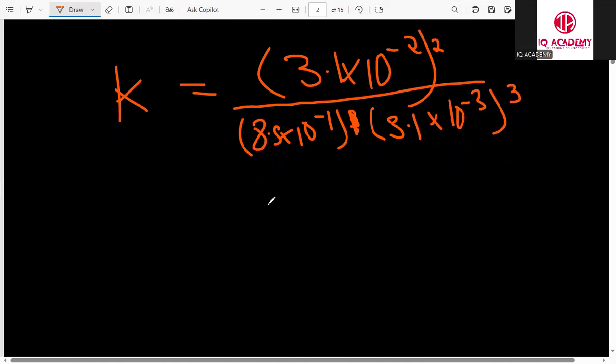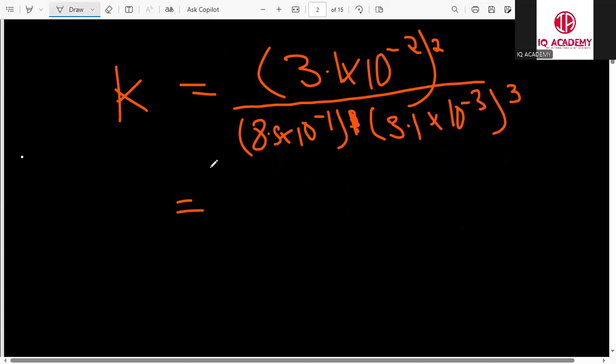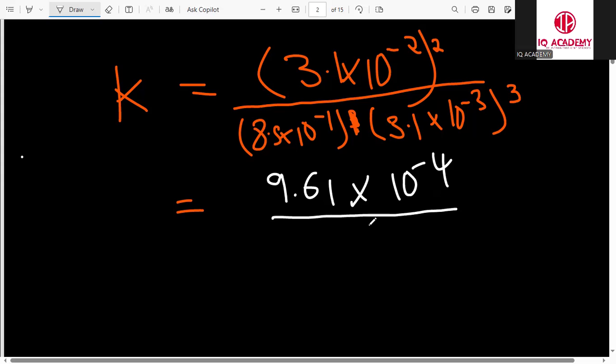So here it is just the issue of you getting your calculator and punching in these values. When you punch the value on top there, I'm getting on my calculator 9.61 multiplied by 10 to the power minus 4. And then I'm dividing all this by, if I punch this into the calculator, it's 8.5 multiplied by 10 to the power minus 1.